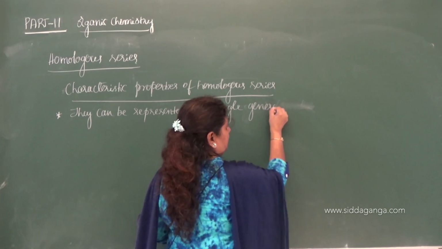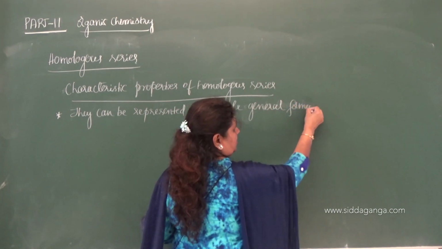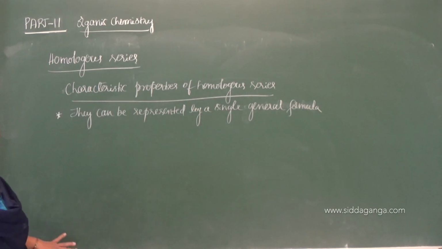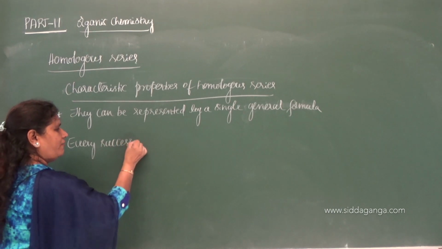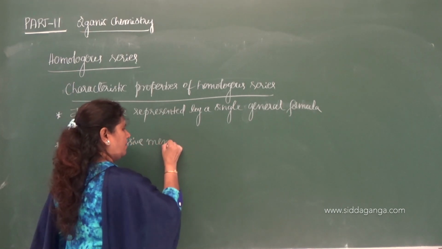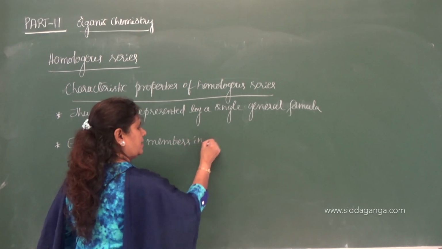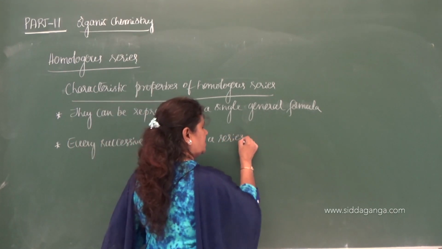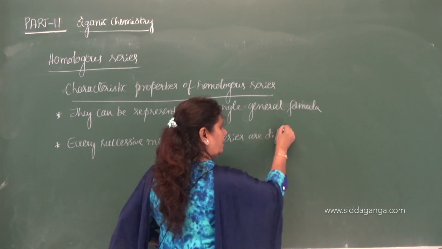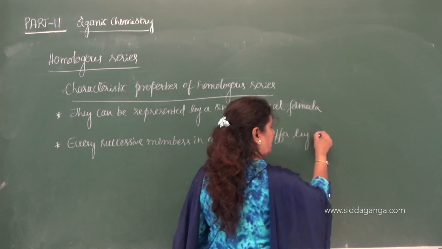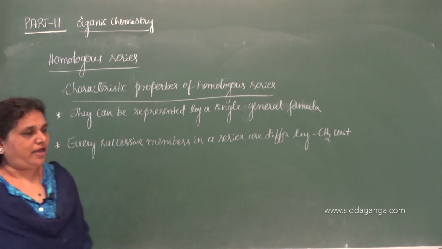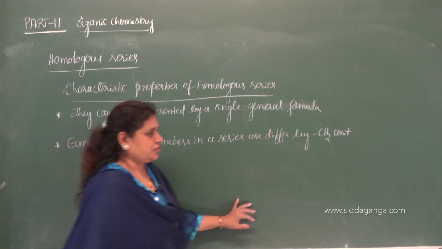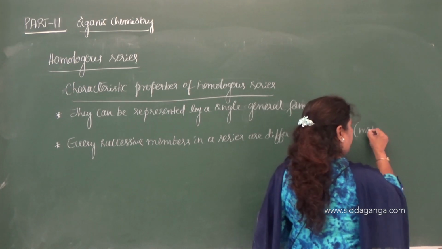And the second one: every successive member in a series differs by a CH2 unit. What is the CH2 unit called? It is nothing but the methylene group.